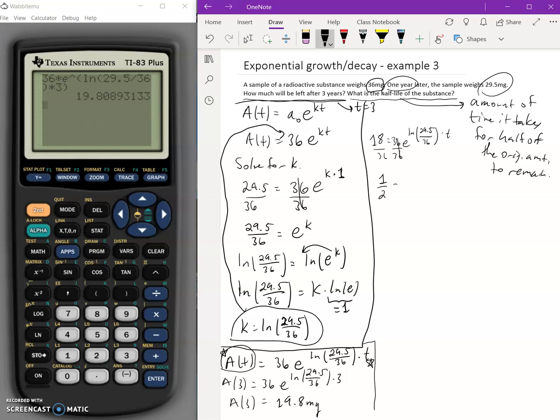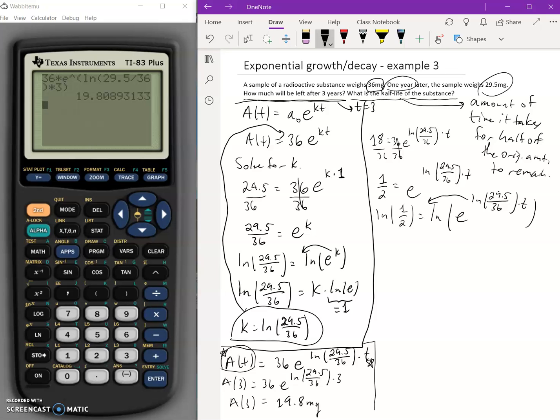So I have 1/2 is equal to e to the natural log of 29.5 divided by 36 times t. Now I need to get the exponent down, so I need to apply logs to both sides. So I have the natural log of 1/2 is equal to the natural log of e to the natural log of 29.5 divided by 36 times t.